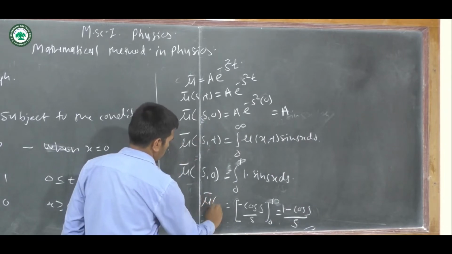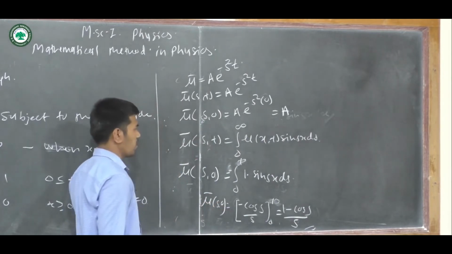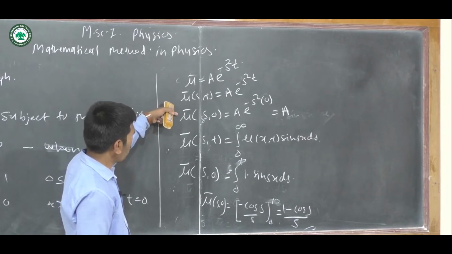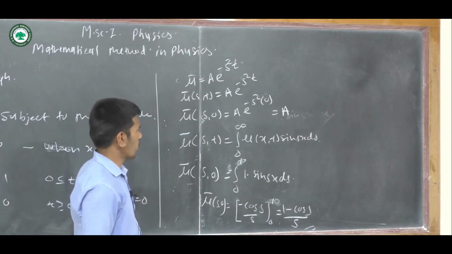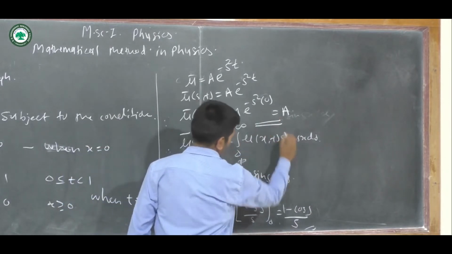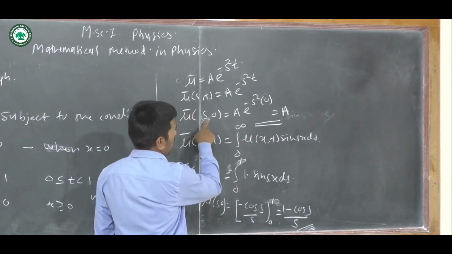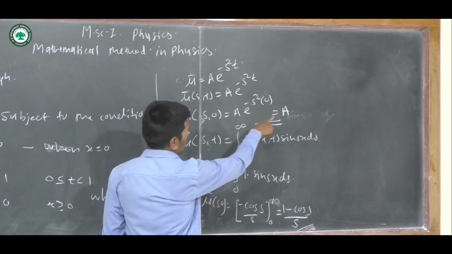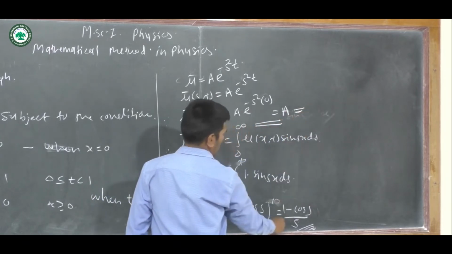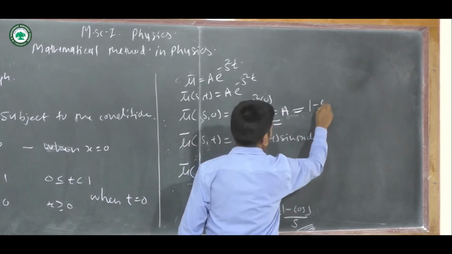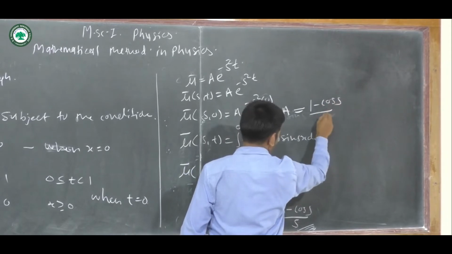u bar at t is equal to 0, and also we have the u bar at t is equal to 0. So from these expressions, if we compare, then we can write u bar at t is equal to 0 is equal to a, which is 1 minus cos s divided by s.